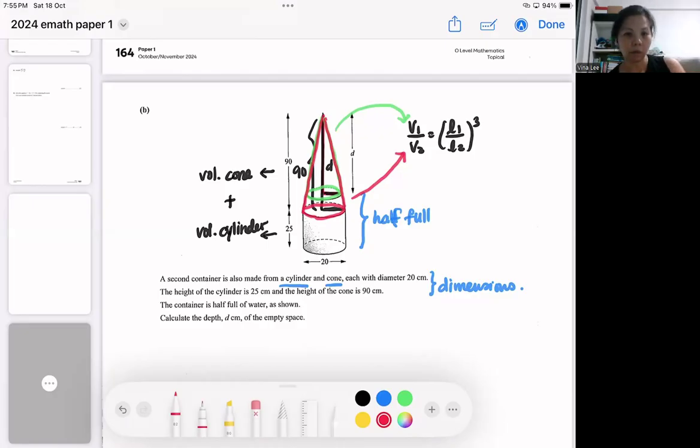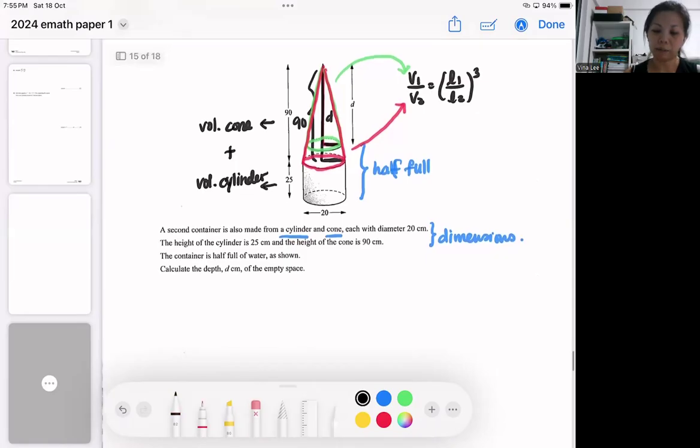It's just that there are a lot of steps. In a lot of steps, you need to try to leave your answer in terms of pi. Like I say, I should start off by finding the total volume so I can find the volume of the water. So you can do it very step by step.